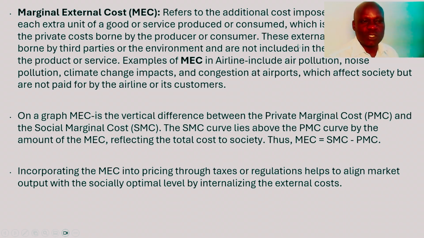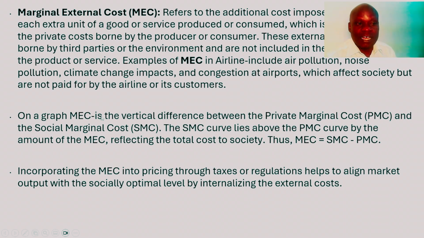These external costs are typically borne by third parties or the environment and are not included in the market price of the product or service. Examples of marginal external cost in airlines include air pollution, noise pollution, climate change impacts, and congestion at airports, which affect society but are not paid for by the airline or its customers.